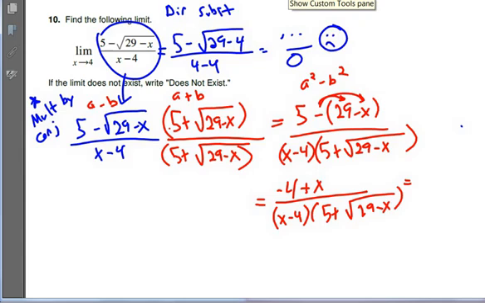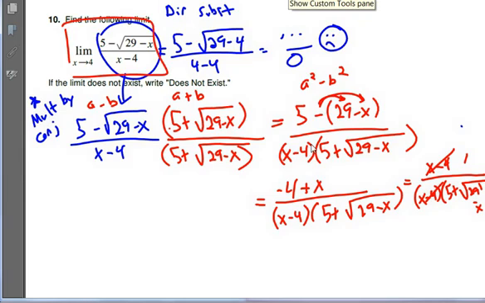Again, the denominator still in factored form. So rewriting this negative 4 plus x as x minus 4 over x minus 4 times quantity 5 plus square root 29 minus x. Running out of room right down there.